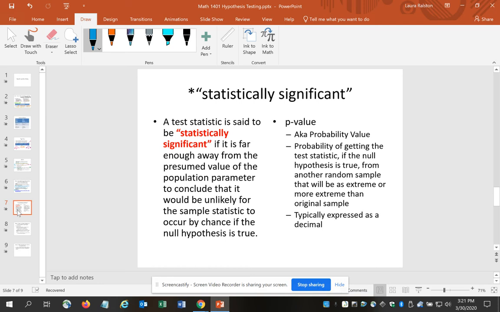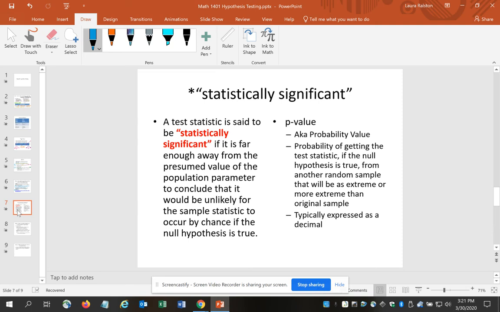And so basically we're saying, is the test statistic different enough to the point that we can conclude that it's an unusual occurrence? And so really what we're looking for is if we take one sample and get a test statistic, and then I go out and collect another sample, how likely is it that I'm going to get that same test statistic again, or a test statistic that's reasonably close to the one I had?